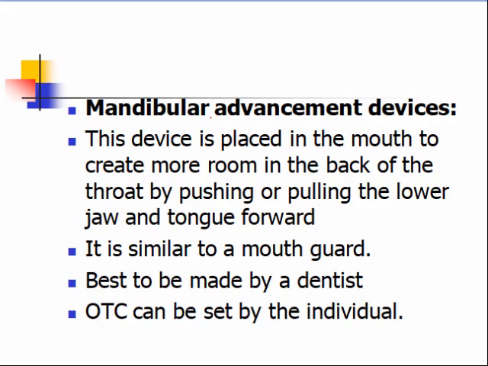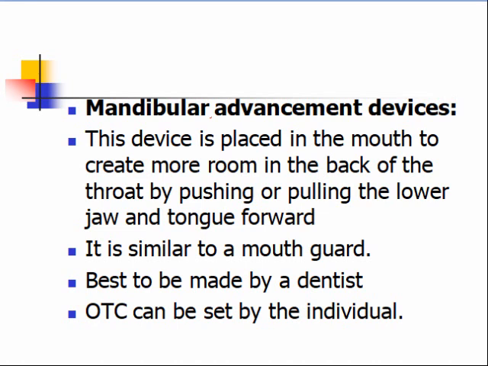The mandibular advancement device is a device that is placed in the mouth at bedtime. This device creates more room in the back of the throat by pushing or pulling the lower jaw and tongue forward. To get an idea what it's like, it's similar to a mouth guard. The most effective ones, the best ones, are made by a dentist.